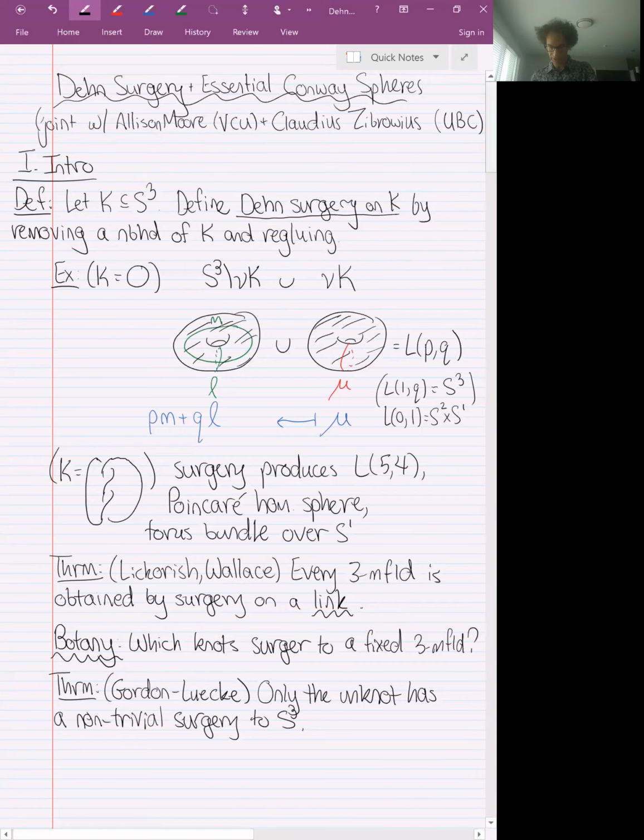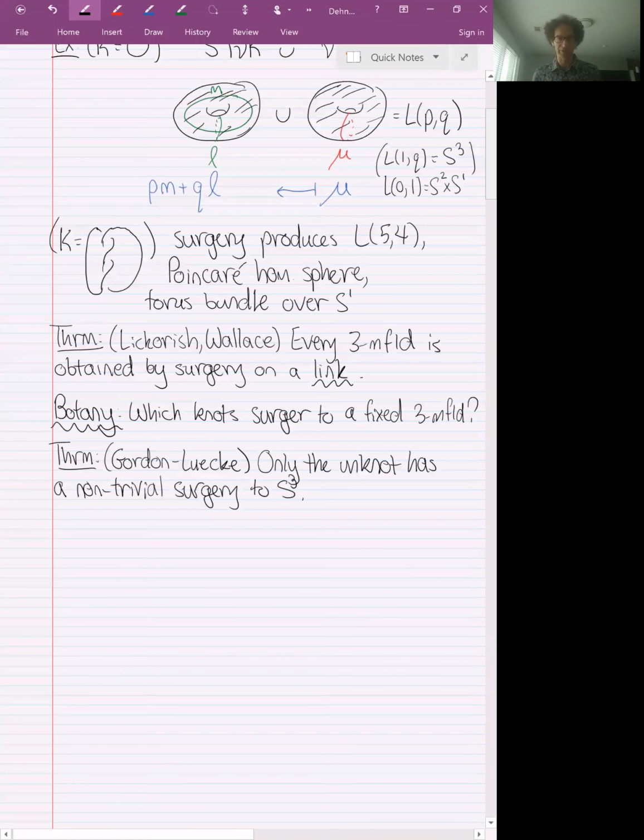Now, I'll always only talk about non-trivial surgeries, because otherwise we always just get S3 back if we reglue the same way we removed the neighborhood. Now, what is good about this? Let me point out that this has an interesting application to knot theory.